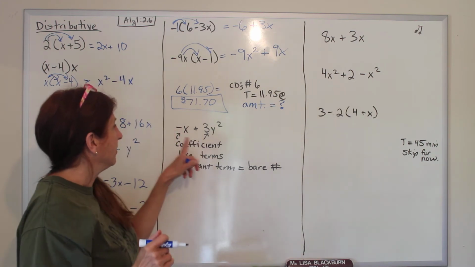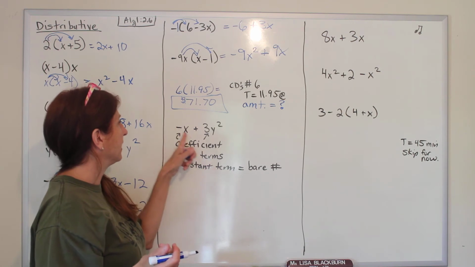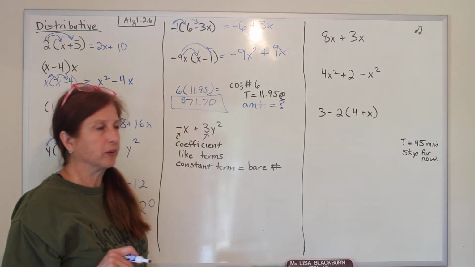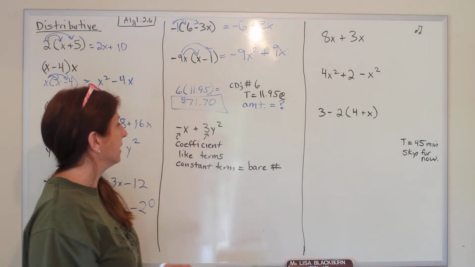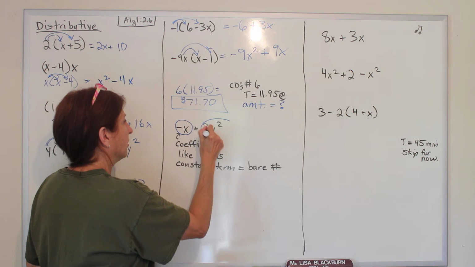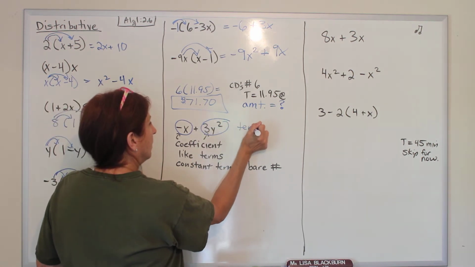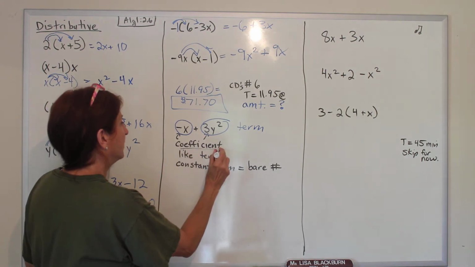Alright, so this is an algebraic expression, negative x plus 3y squared. We can't add them up. They're not the same letters with the same exponents. This whole thing is called a term. The number that is in front of the letters is called the coefficient.